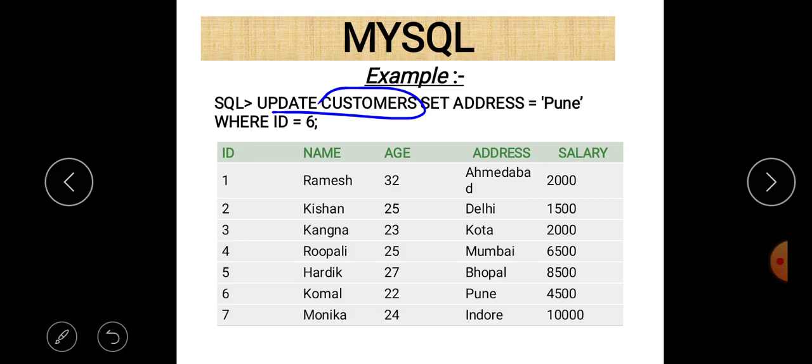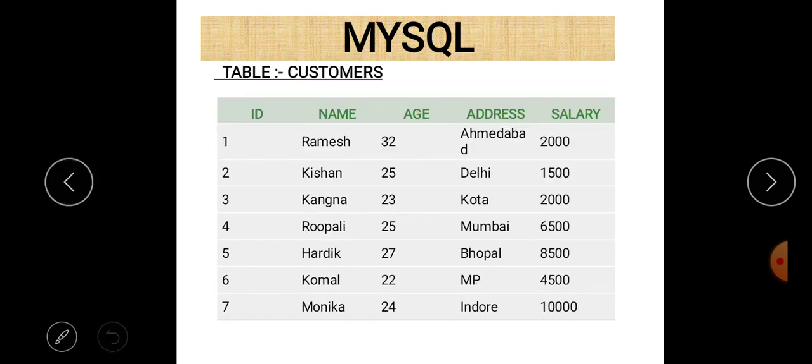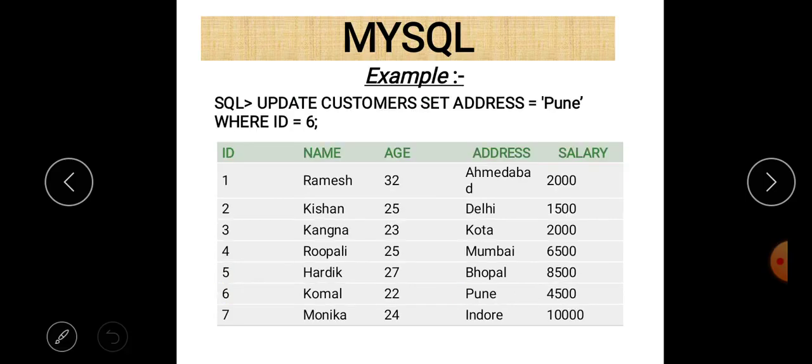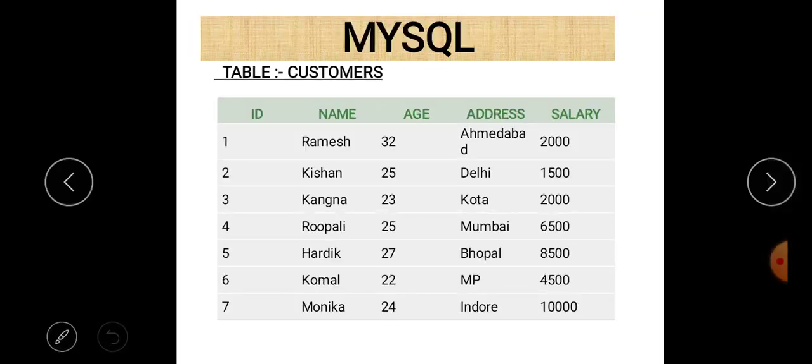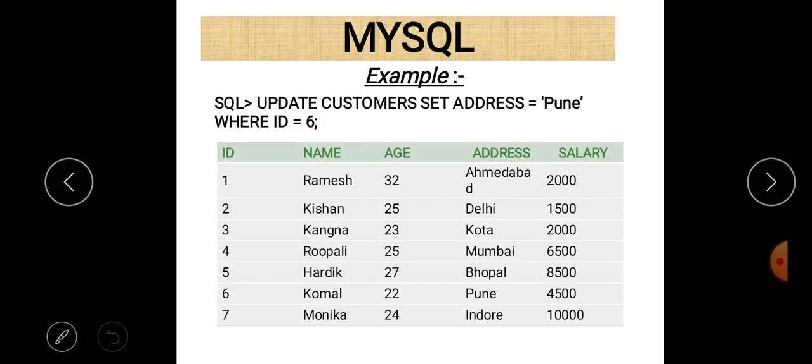If you want to update the customer and change the address of the customer whose ID is 6, where the address is MP, and we want to change MP to Pune, then for that purpose we write UPDATE customers SET address = 'Pune'.